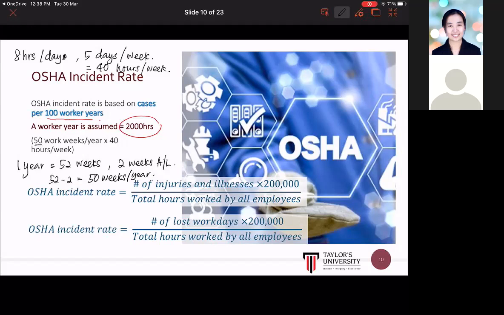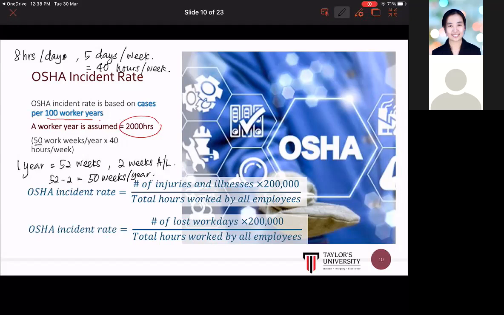So the person only works 4 days and he or she has Friday off, or has Monday off and works Tuesday to Friday. So it's up to you how you want to plan it. A lot of flexibility is given to people who are working right now, but the gist is still there. Standard working hours is 40 hours per week, and 50 weeks a year, where you are entitled to 2 weeks annual leave.